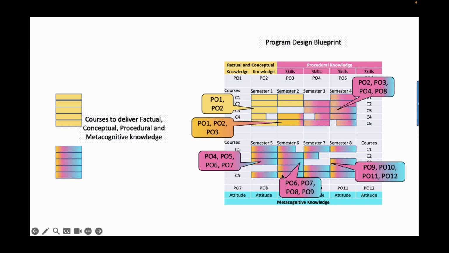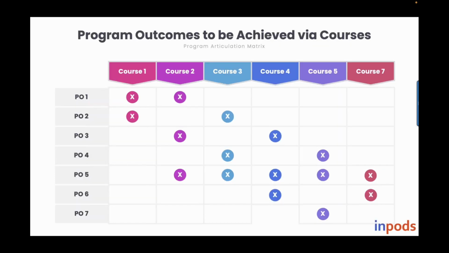And that is why I have given the shade of yellow. I've continued showing it there because you always teach them some kind of incremental disciplinary knowledge, which is factual and conceptual knowledge, but which is an advanced level knowledge. And that is good enough for them to take care of the remaining course being taught at that level.